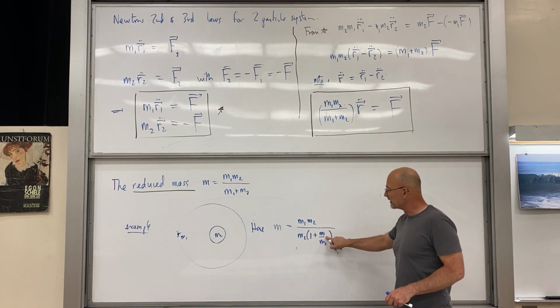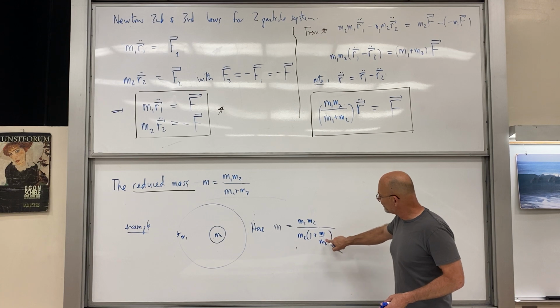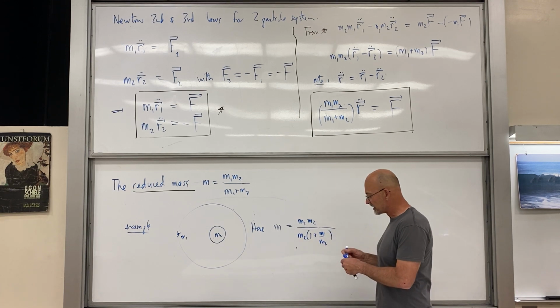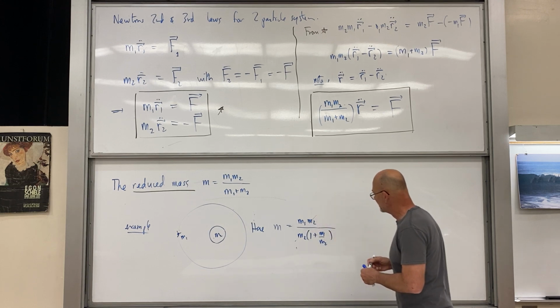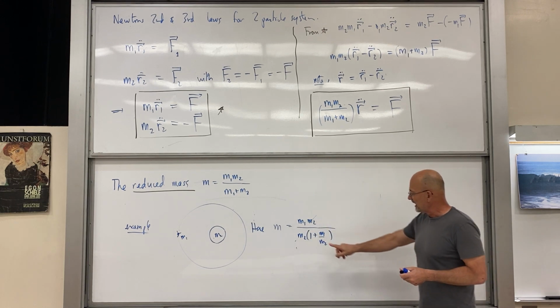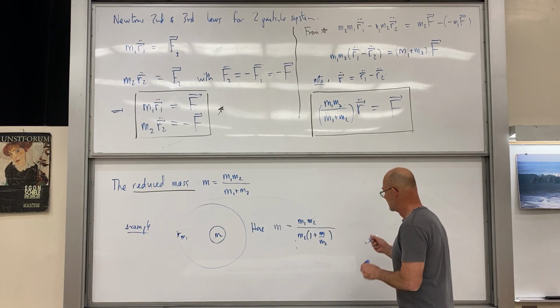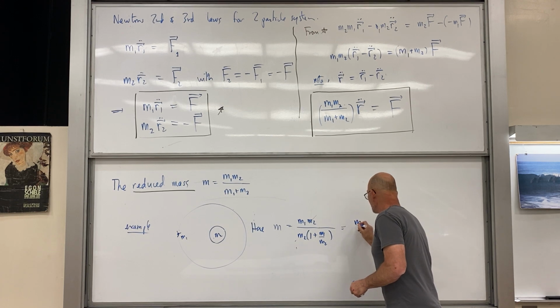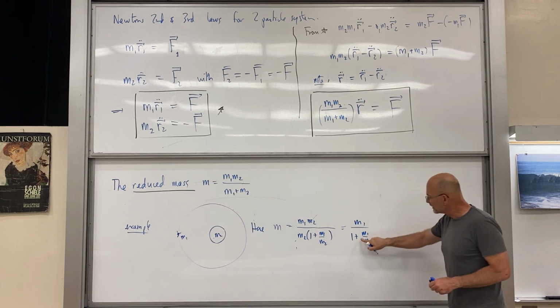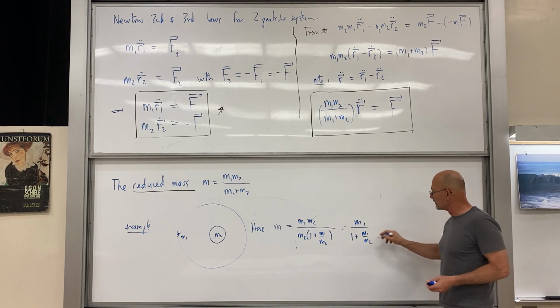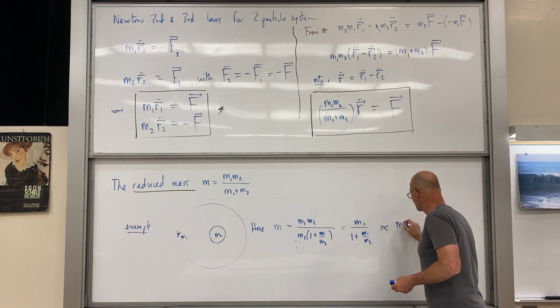That's M2 plus M1 again, but since one's much larger, I pulled that M2 out. I do that, you can see I can cancel here, and I have M1 over 1 plus M1 over M2. But this is much, much smaller than 1 here, so that's approximately equal to M1.